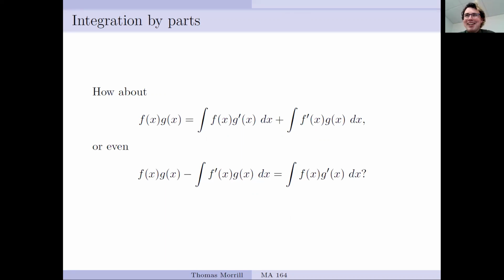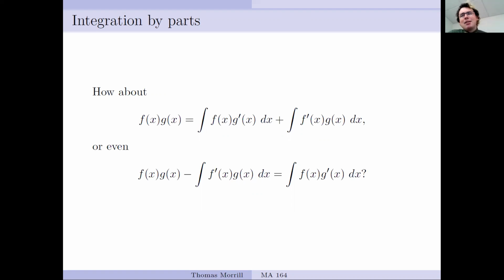So for those of you playing along at home, we have now got f of x times g of x minus the integral of f prime of x times g of x dx. All of that business is equal to the integral f of x times g prime of x dx. That is a true statement.